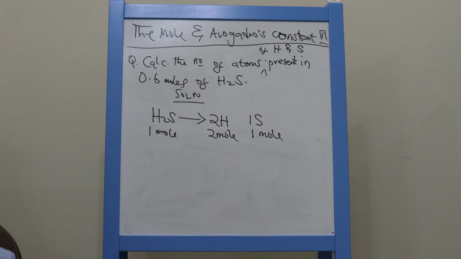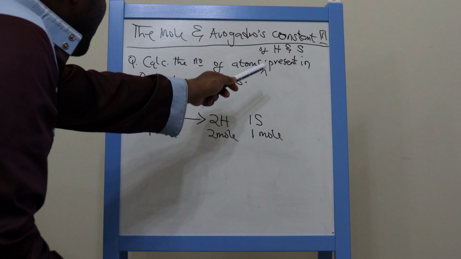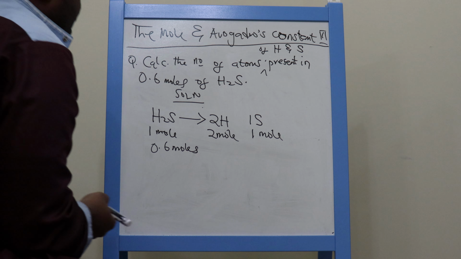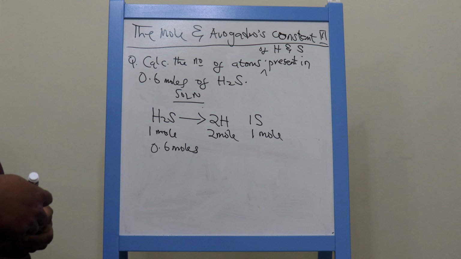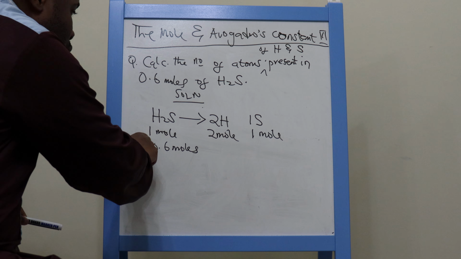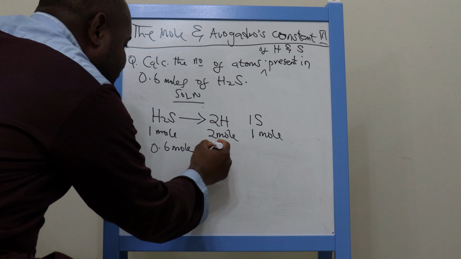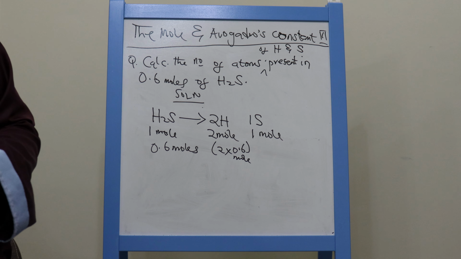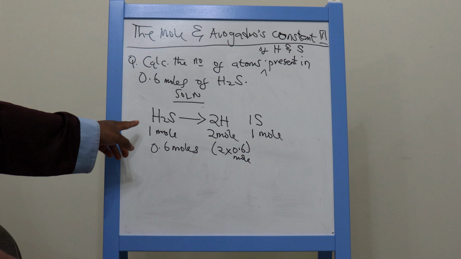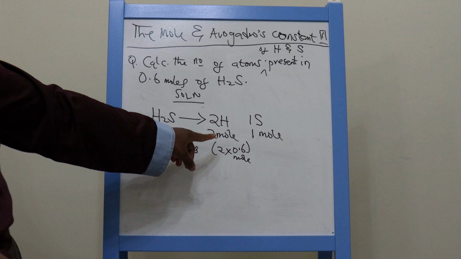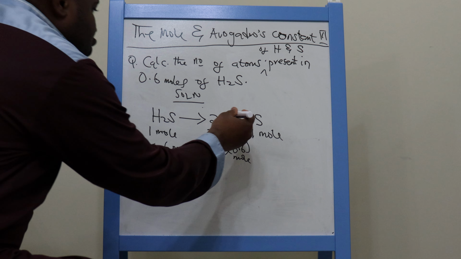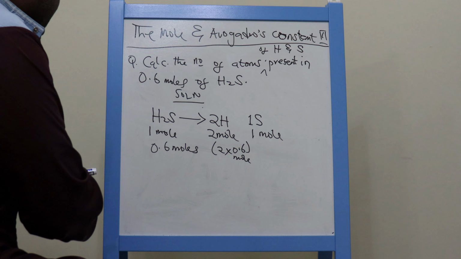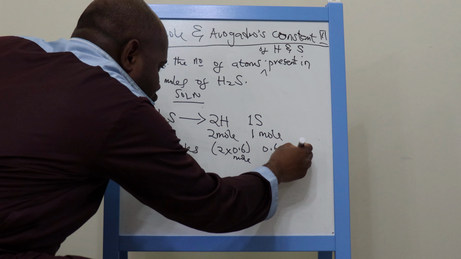If we have 0.6 moles of H2S, it means we have 0.6 moles of sulfur here. In terms of hydrogen, 1 mole is to 2 moles, so we have twice of this, 2 times 0.6 mole. If 1 mole of H2S produces 2 moles of hydrogen atoms and 1 mole of sulfur atoms, then for sulfur it is 1 to 1, so we also have 0.6 moles of sulfur.